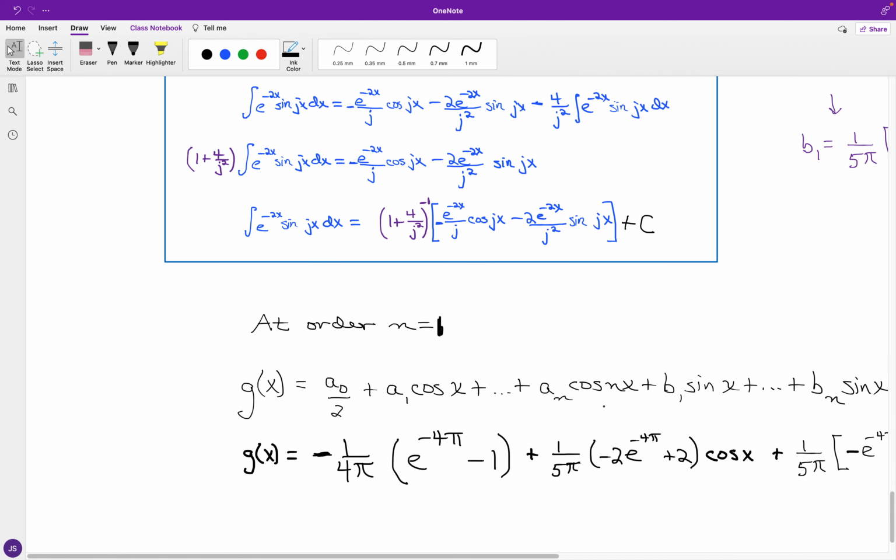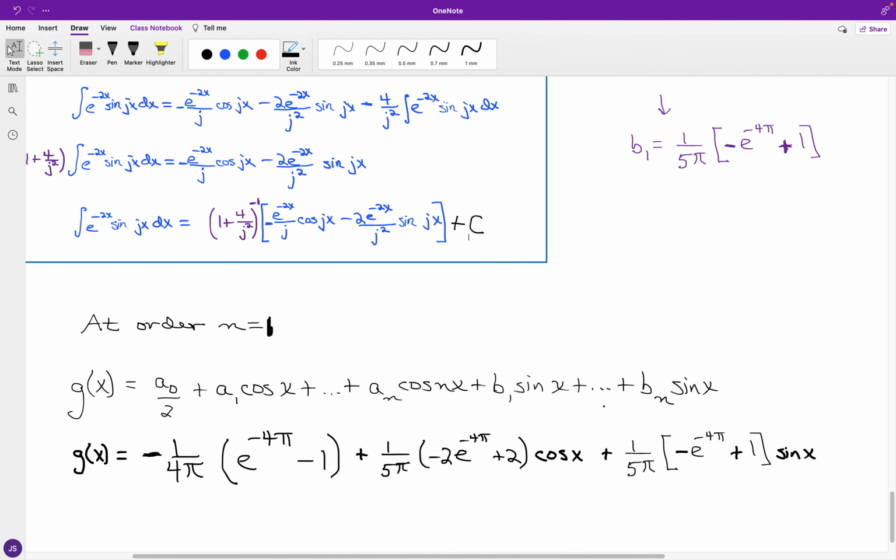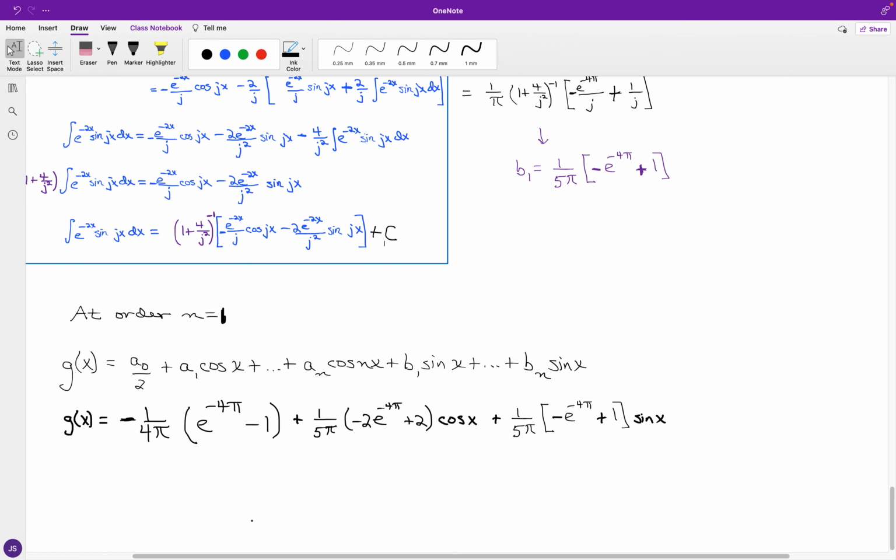So taking half of this, we get negative 1 over 4 pi times the quantity of e to the negative 4 pi minus 1. And again, with the a sub 1 and the b sub 1, we have 1 over 5 pi times negative 2e to the negative 4 pi plus 2 times the cosine of x, and we have plus 1 over 5 pi times the quantity of negative e to the negative 4 pi plus 1 times the sine of x.